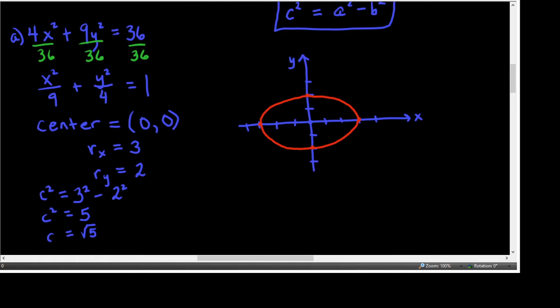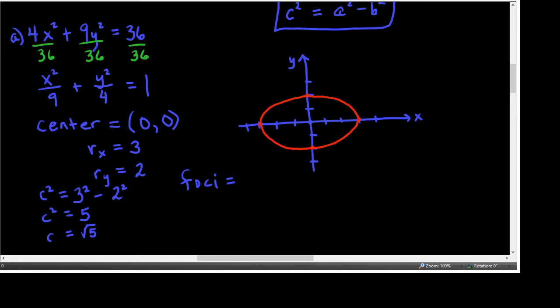I'll take it. All right, so one of the questions is always going to be that you should find the foci. So let's find those. One thing to keep in mind is that the foci are on the major axis. So the vertices and the foci and the center, those 5 points are all on the same line, and they're all collinear. And so that will always be determined by the longer distance.